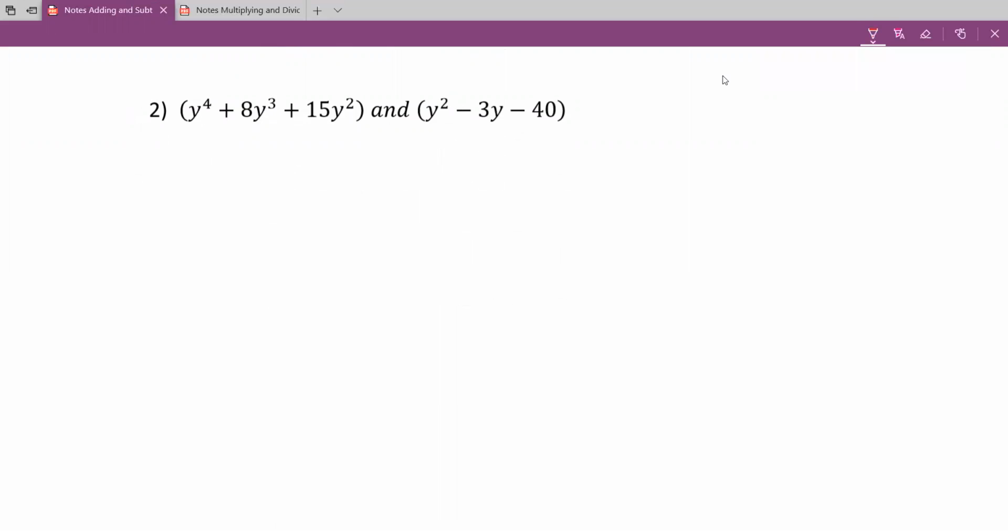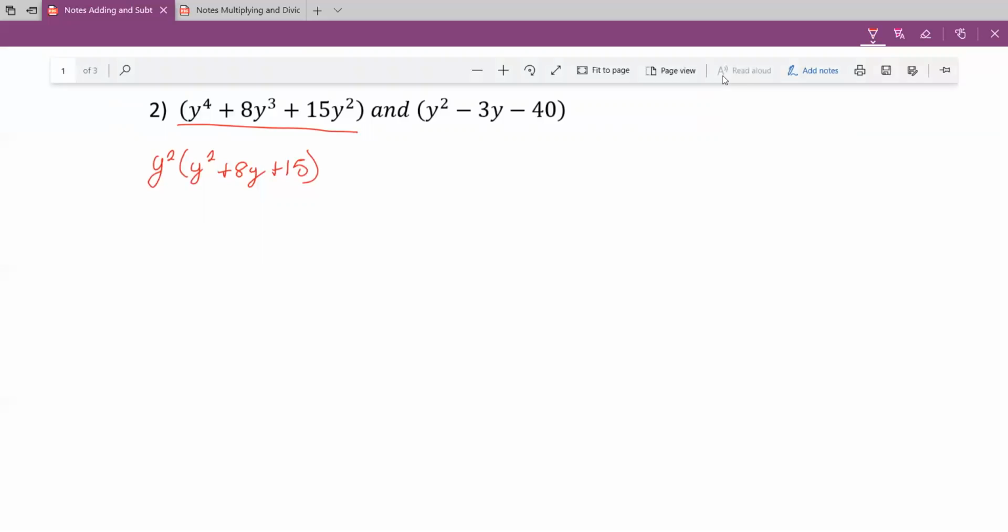If I look at y to the 4th plus 8y to the 3rd plus 15y to the 2nd, they all share a y squared. So I'm going to start by pulling that out: y squared times y squared plus 8y plus 15. And then check and see if your trinomial, y squared plus 8y plus 15, breaks down any further.